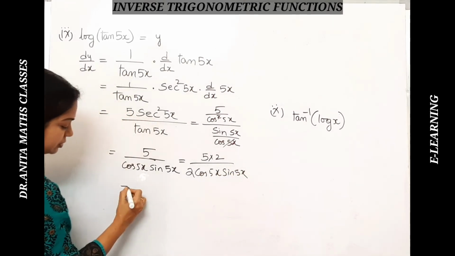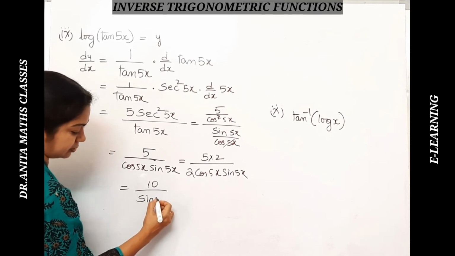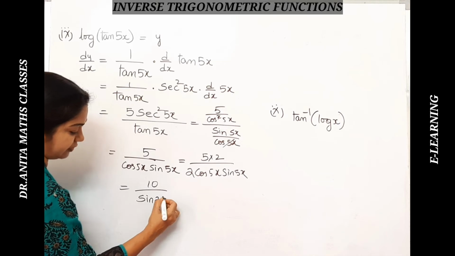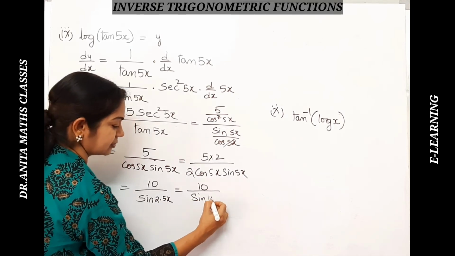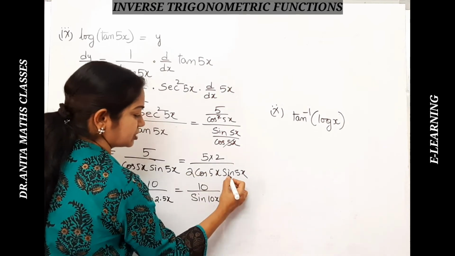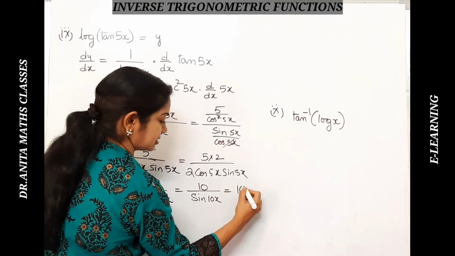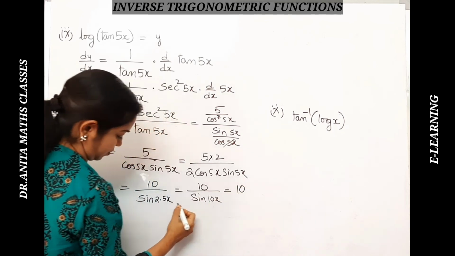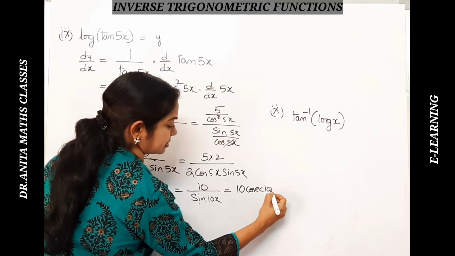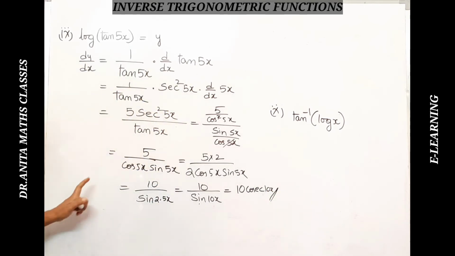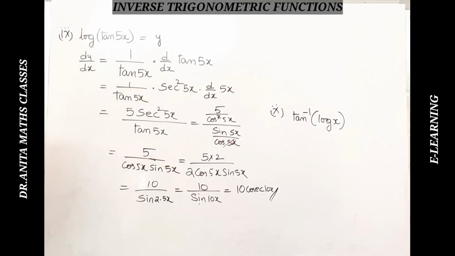That comes to 10 upon sine of 2 times 5x, so 10 upon sine 10x. This is 2 sine a cos a, so sine 2a. Here 1 upon sine is cosecant, so 10 cosecant 10x. So we can further simplify it like this. The derivative of log of tan 5x is 10 cosecant 10x.